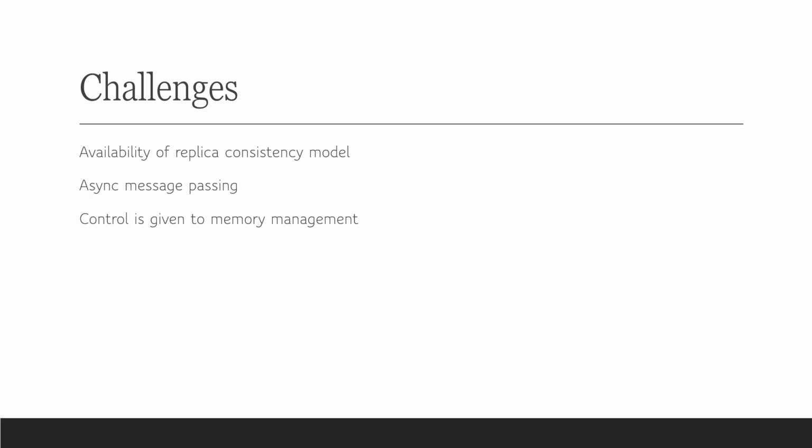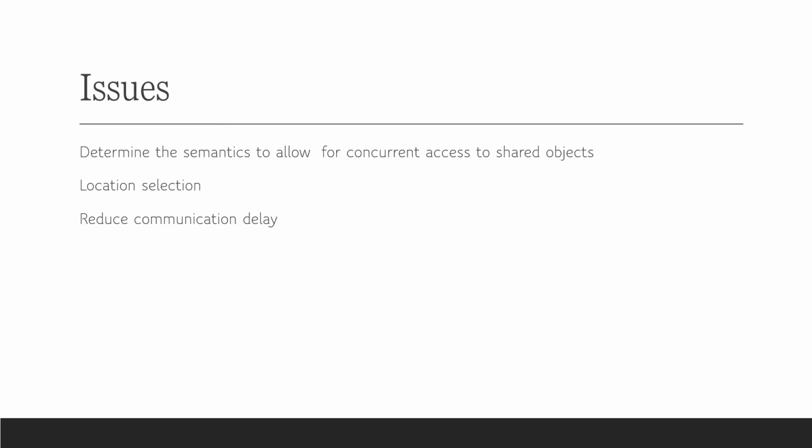Since control is given to memory management, the programmer loses the ability to use their own message passing solution for accessing shared objects. That is also one of the major challenges when dealing with replica concurrency in distributed shared memory systems.